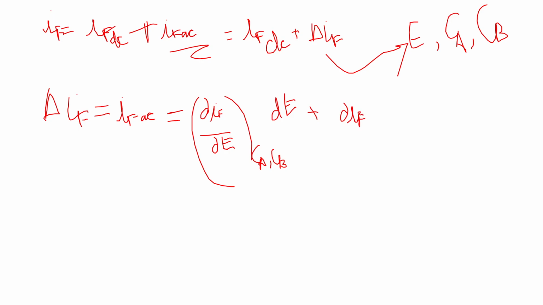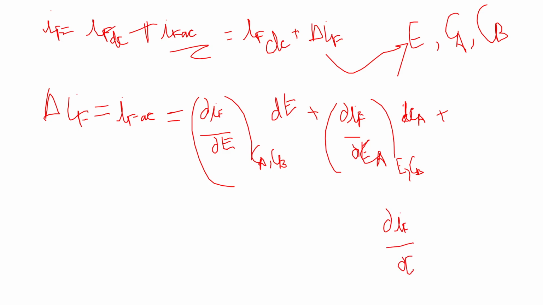I'm again differentiating it with respect to CA, and here the constants will be E and CB, into concentration of CA, plus dou IF by dou CB at constant E and CA, into concentration of CB.